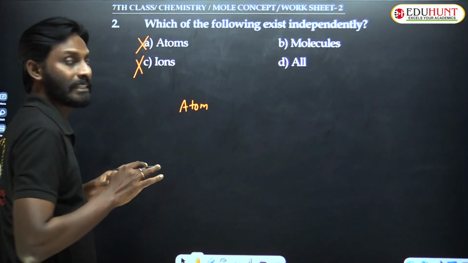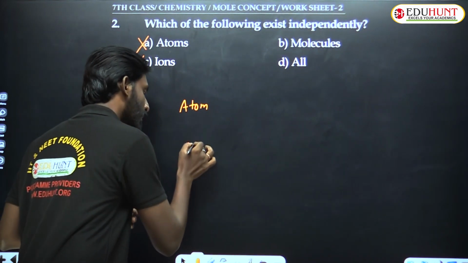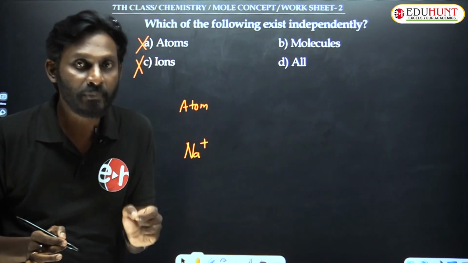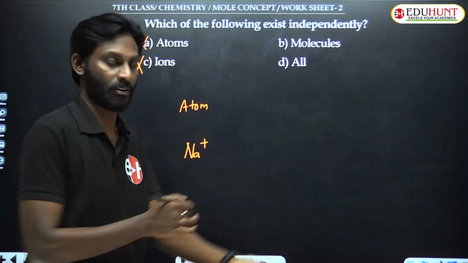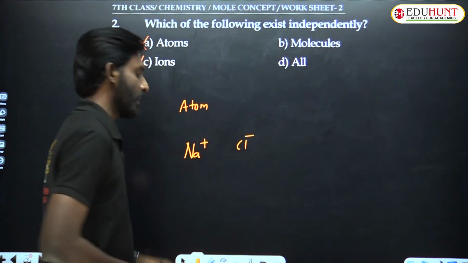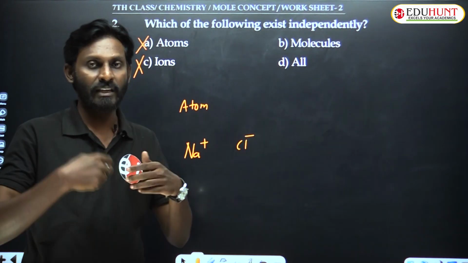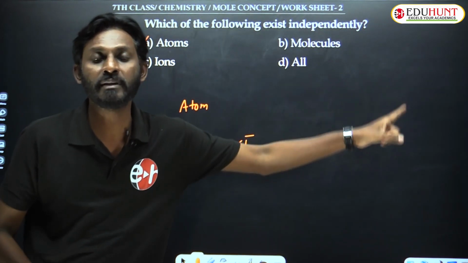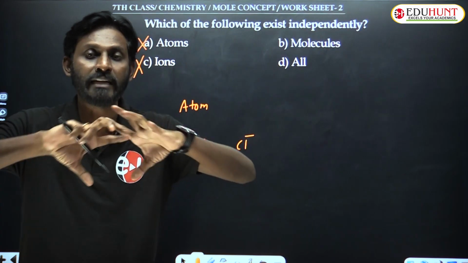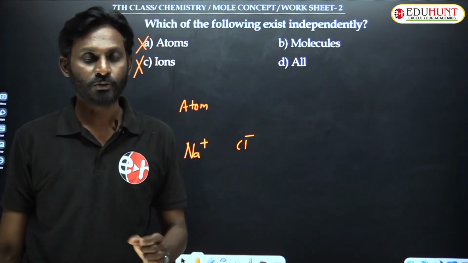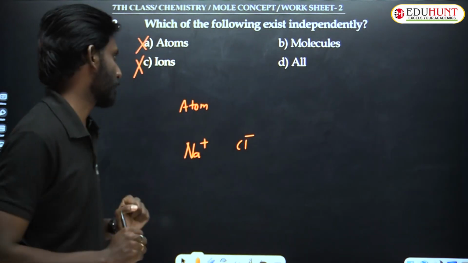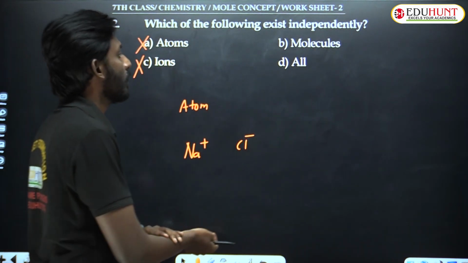Ions can't exist independently. If I take Na plus ion, it can't exist independently without another anion. There is a repetition of Na plus Cl minus, Na plus Cl minus, and like this the entire crystal is formed. So a single Na plus or single Cl minus can't exist. That is also not possible.